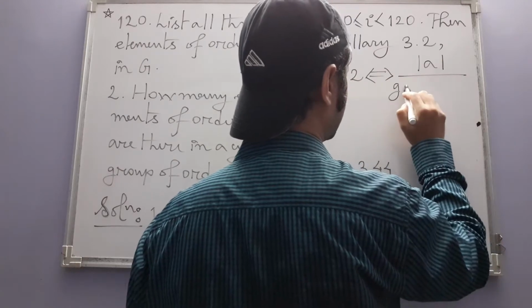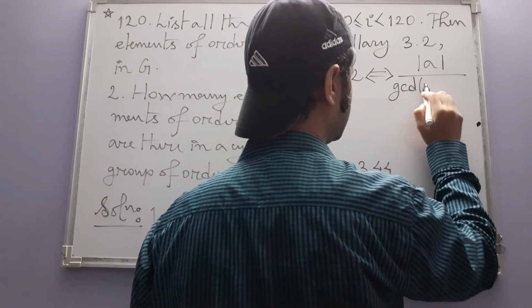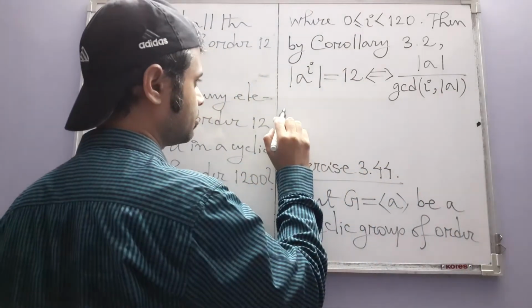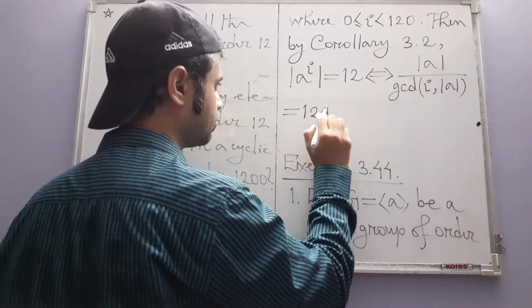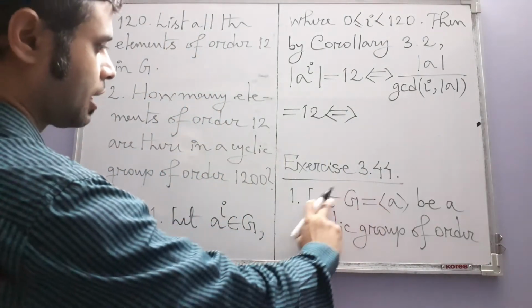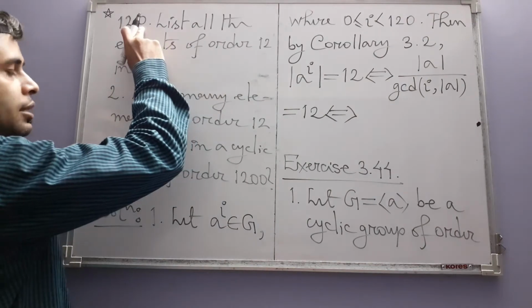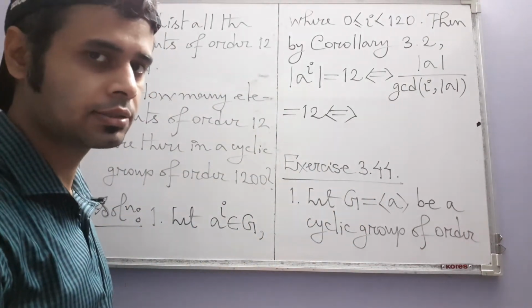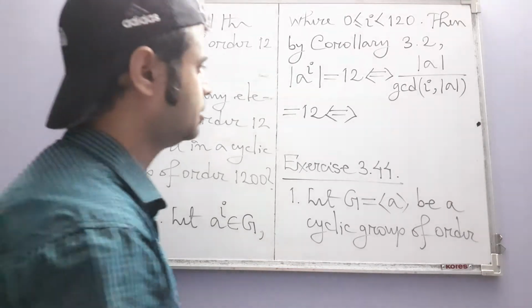It is the order of a divided by the GCD of I and the order of a, that is equal to 12. If and only if, because our original group has order 120 and A is one of its generators, so A itself should have order 120.